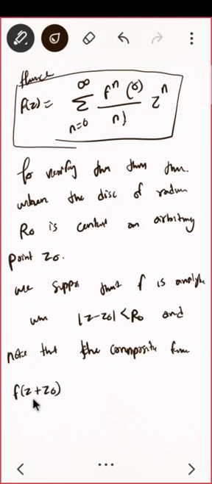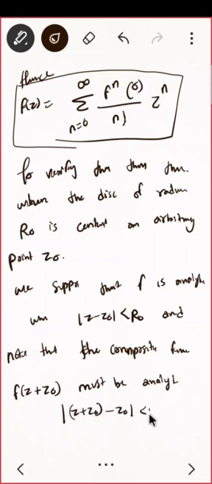If you see this function, it must be analytic where? That means at the place of z, now I have to put z plus z0. So it will be analytic when z plus z0 minus z0, that is mod of z, is less than r0.